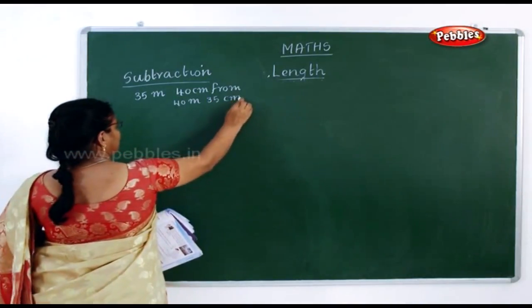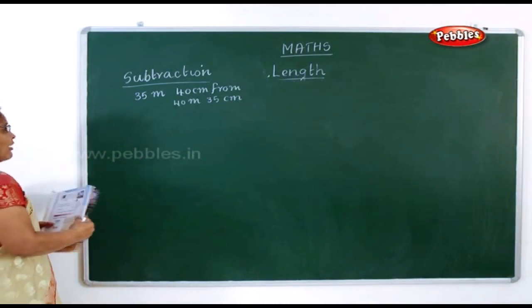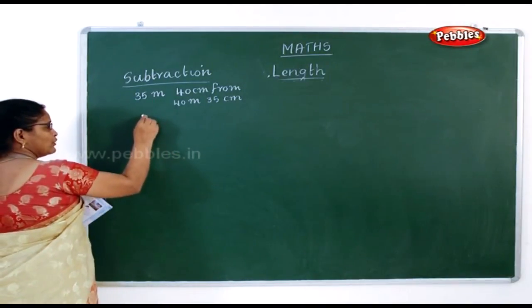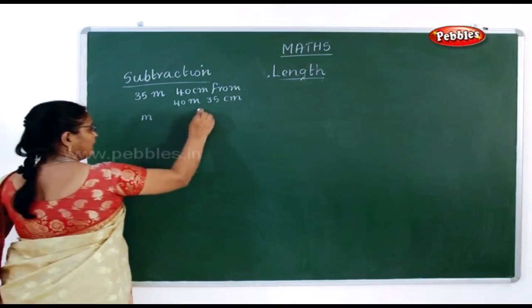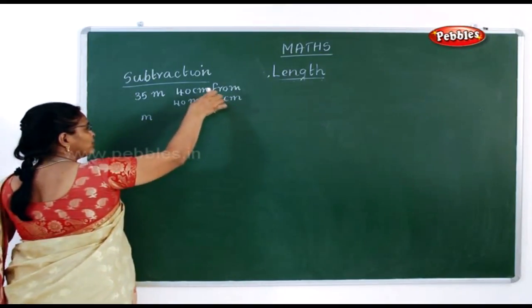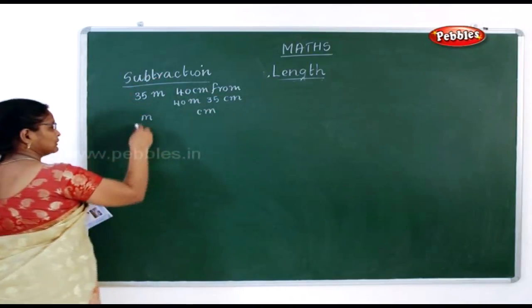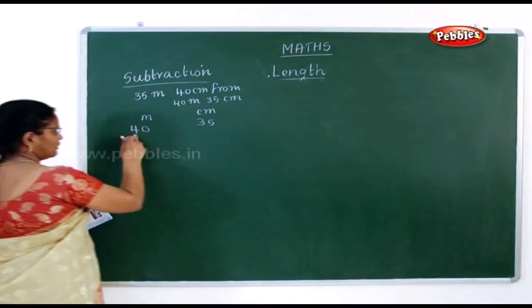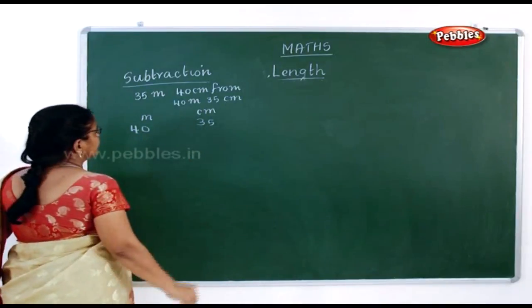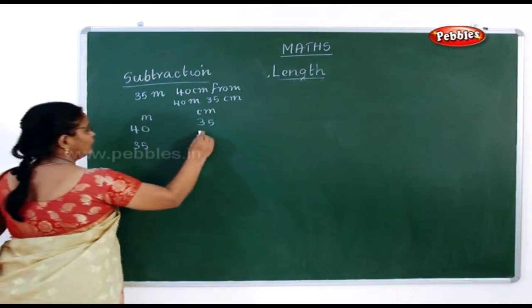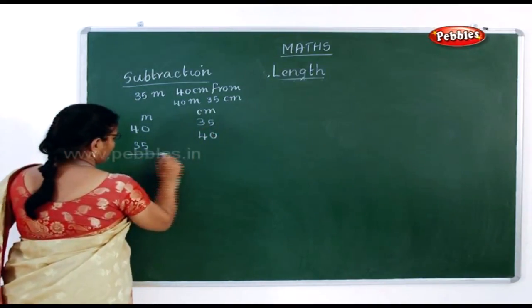Now what you have to do is, as I told you in the addition sum itself, you have to write like this, meter and centimeter. Because with this 40 meter you have to subtract this, you will write 40 here and 35 centimeter here. With what you have to subtract? 35 meter and 40 centimeter.